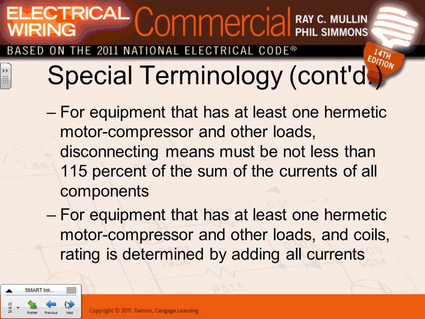And with some, this is really interesting. If you have a disconnect that feeds two motors like this, here's my rated load amp 1 and 2. How do you size the disconnect? Very easy.